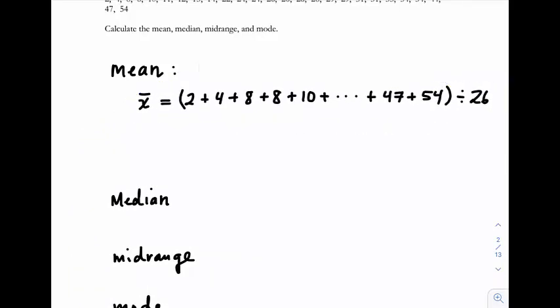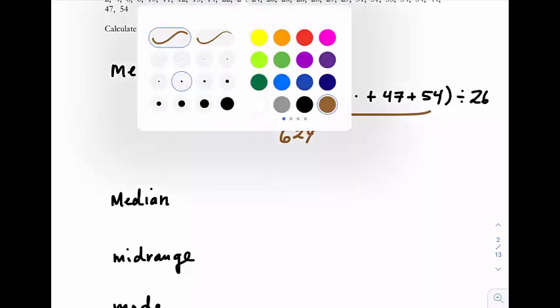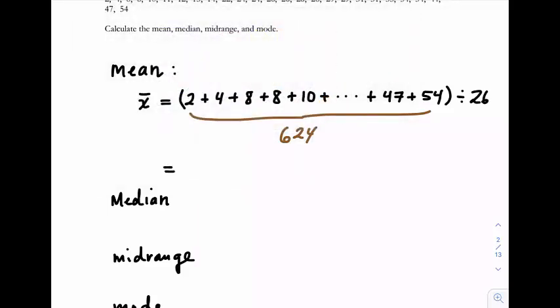Let me grab a calculator and we'll do that. It just happens to be that the sum of all 26 numbers is 624. So to wrap up this problem, the sample mean is 624 divided by the number of values, which is 26.